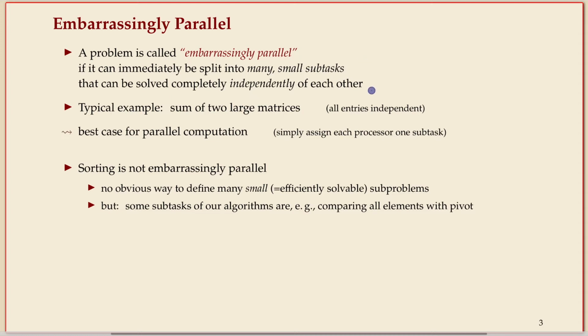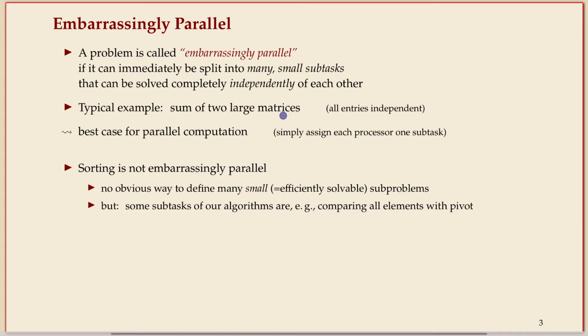I left the definition deliberately vague. There's no quantitative notions in there because I think the term is more of an idea or an abstract concept than a concrete mathematical definition. But a typical example could be the sum of two matrices. So you have two matrices with floating point numbers. You want to add them up. Well, how does that work with matrices? In the outcome, every entry is just the sum of the two corresponding entries.